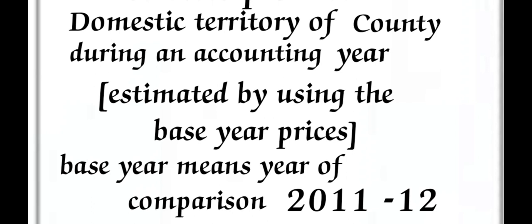At present, from the Indian point of view, we are taking 2011-12 as the base year. Previously, 2004-05 was the base year. On the basis of 2011-12, we are calculating our national income. It means the prices are those prevailing in 2011-12, not in this year.